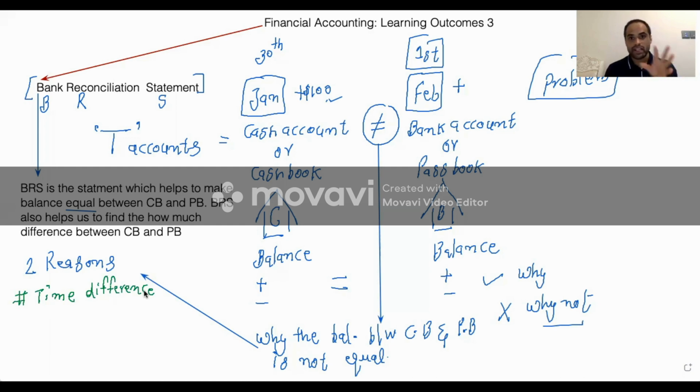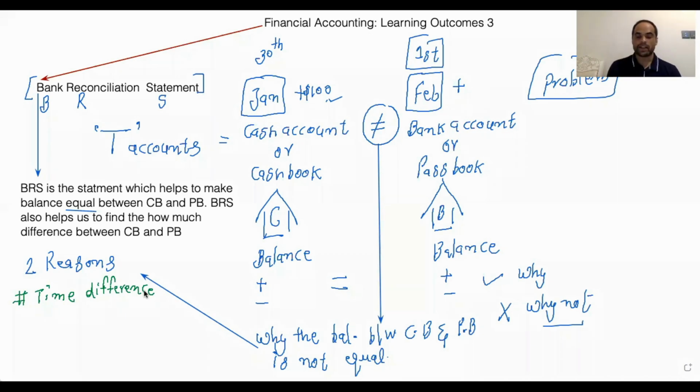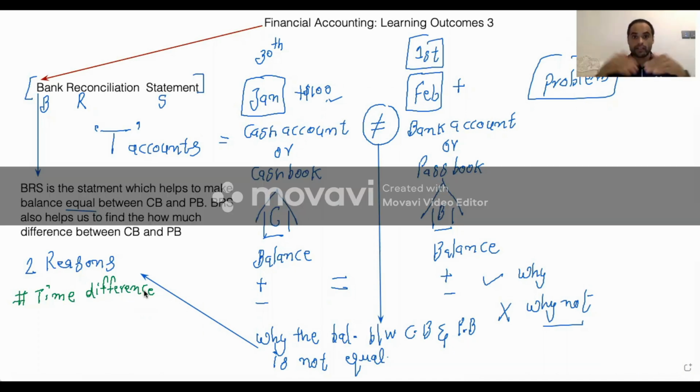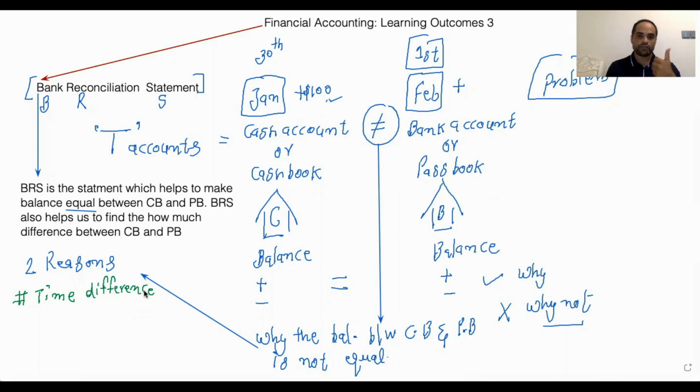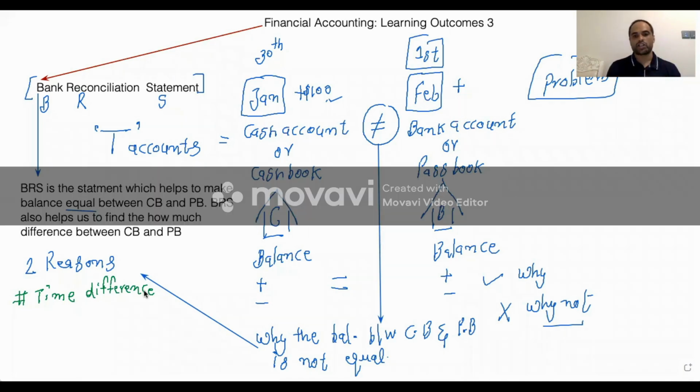The time you enter money in your bank account and the time the bank accepts your amount, like the example I gave you, is called the time difference. When there is a difference between you depositing and the bank receiving, the amounts at the same time cannot be equal in both the cash account and the bank account. We have around 6 to 7 examples of time difference, which we will discuss later.